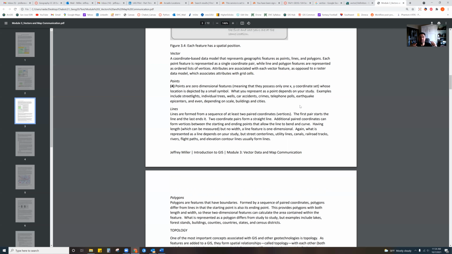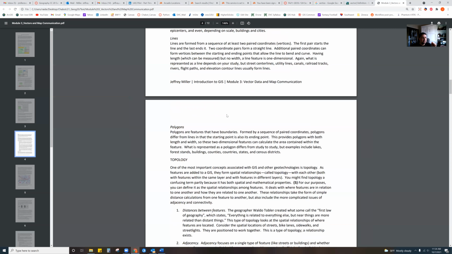Depending on how big the map is and what you're trying to represent, a single point could be the central location of a building. But generally, a point represents things like wells, trees, street lights. Those are only examples.